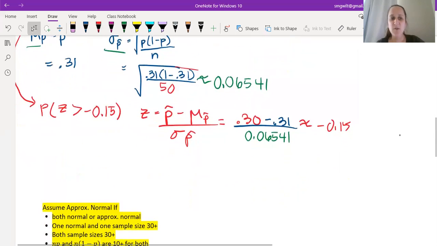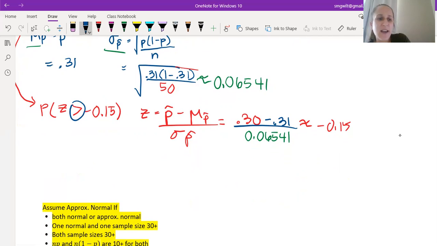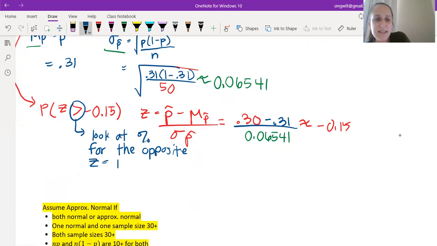Remember that in the last problem, our z-score was less than, so we just looked at the z-table and it was the value for whatever our z-score was. Because this is greater than, what I want to do instead is look at the percentage for the opposite z-score, meaning when z equals positive 0.15.